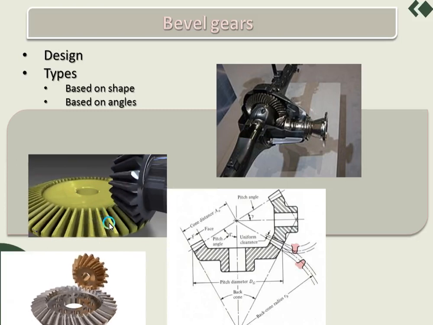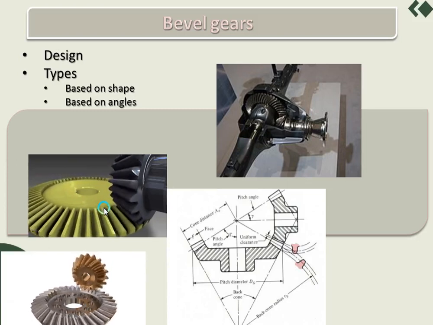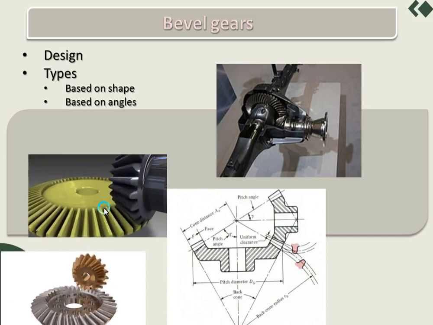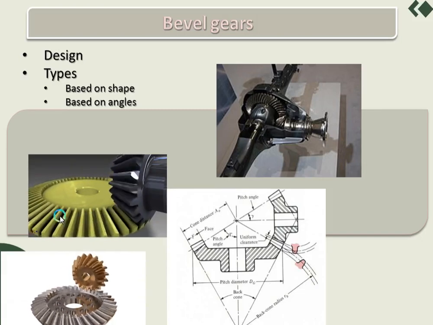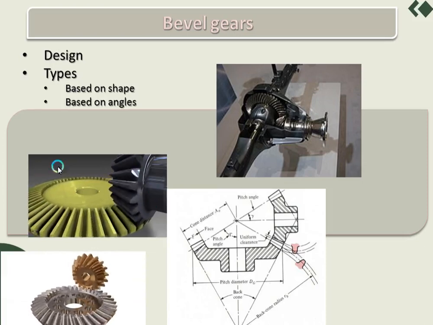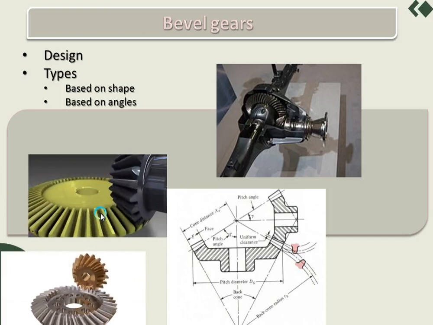As you can see, in the case of straight bevel gears, the engagement and disengagement of teeth are very rapid and it will create noise. There is no continuous contact between the pinion and gear in straight tooth bevel gears.